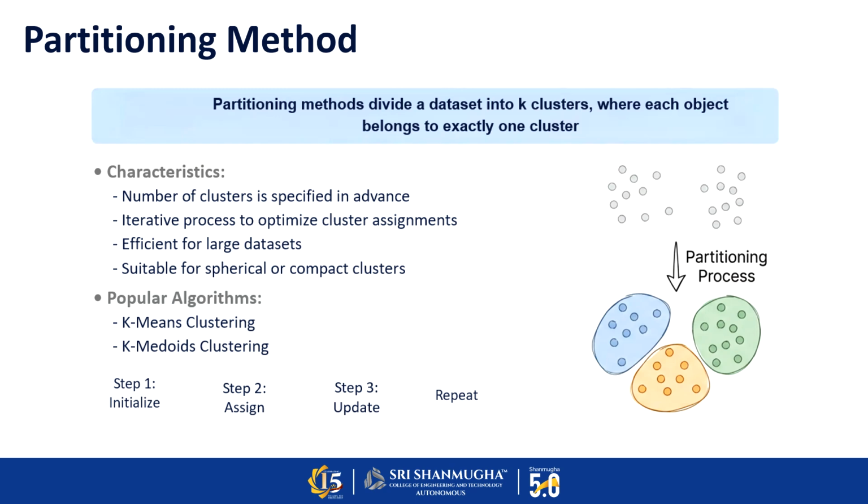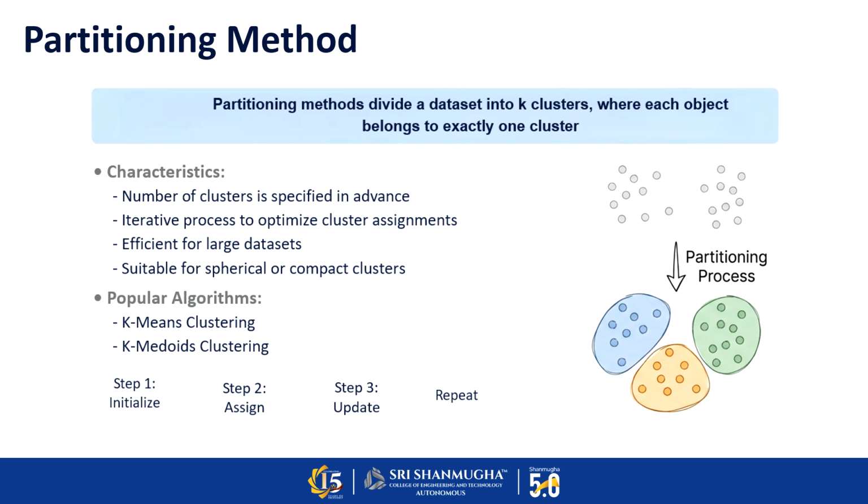What are the key characteristics? The number of clusters K is specified in advance. You must decide K before running the algorithm. It is an iterative process. The algorithm repeatedly reassigns the data points to clusters and updates cluster centers until stability is reached.